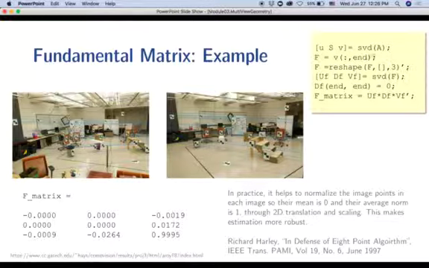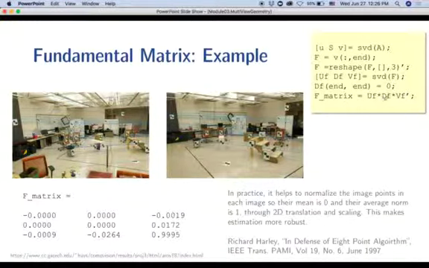This is done in the proper way here, and then I'm doing another SVD on that 3x3 F to find UF, DF, and VF, and then the last singular value in DF, I force that to 0 because it was in general not 0. So I force that to 0, and then I recompute F from UF, DF, VF transpose.